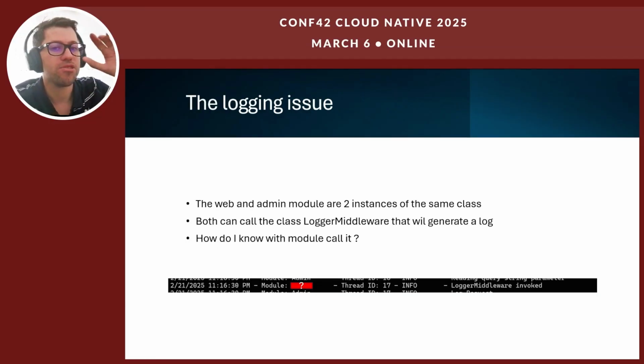To fully understand the issue we have with logging, we need to keep in mind that the two modules, web and admin, are two instances of the same class. And these instances can call the same function, the logger middleware, and the logger middleware, when it logs its information, must be able to distinguish which module is calling it.